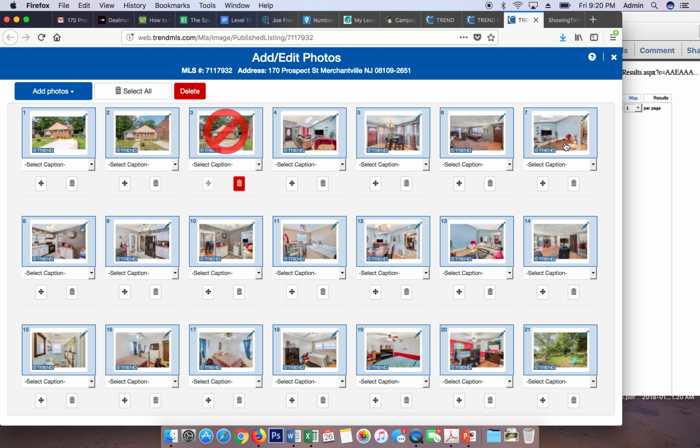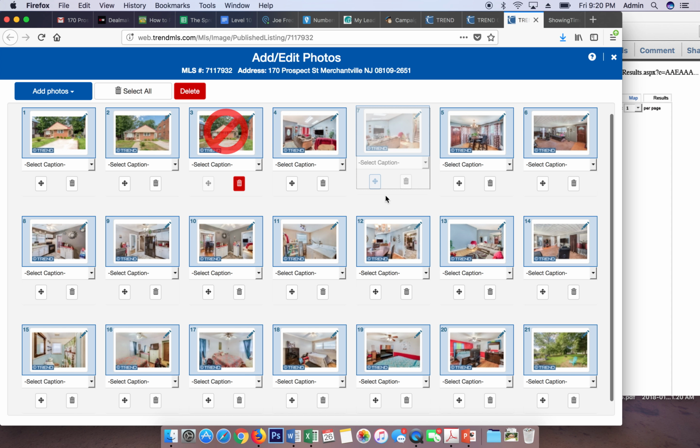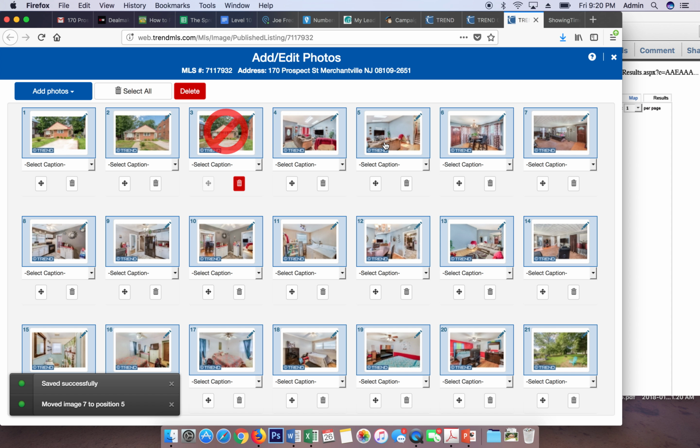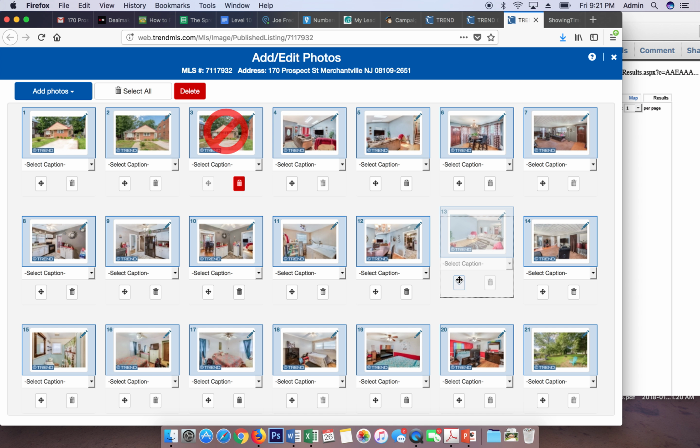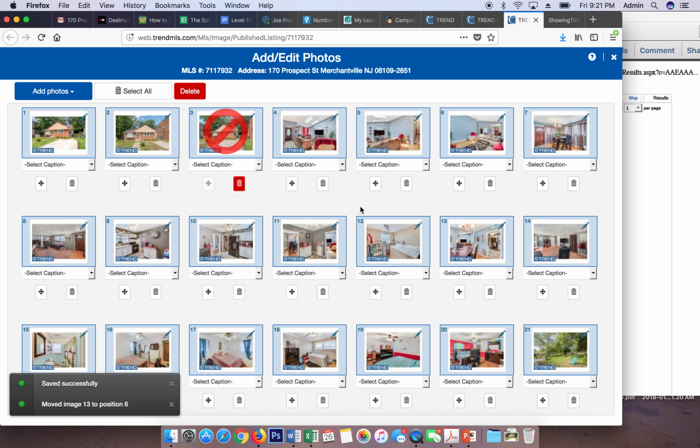Then you have the family room or living room again. So you have to put these in order, so it can play out and paint a little picture in these people's heads. Look, this is the family room here, so this has to be up here. These all have to be arranged exactly how the photographer goes through the rooms.